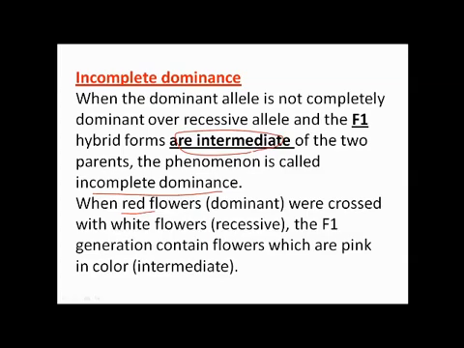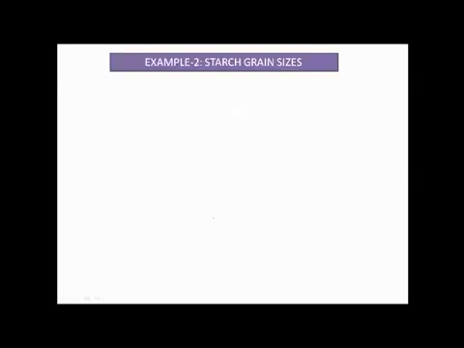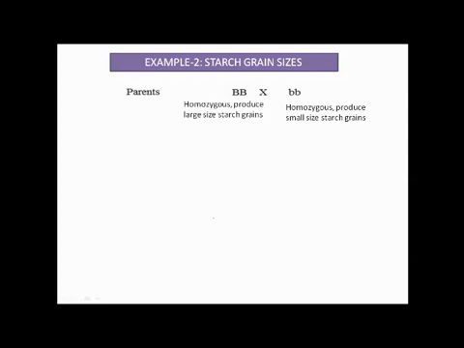Now, we can have one more example of this, which is about starch grain. There are two plants, the parents, one is homozygous dominant and another is homozygous recessive. The homozygous dominant produces large starch grains and the homozygous recessive produces small starch grains.